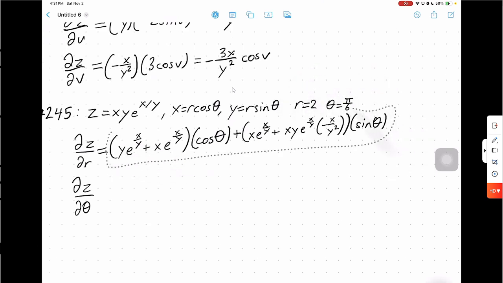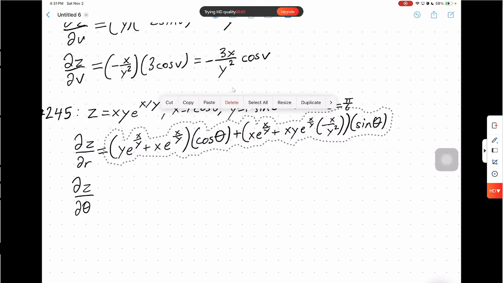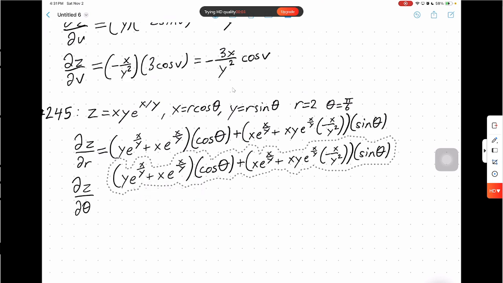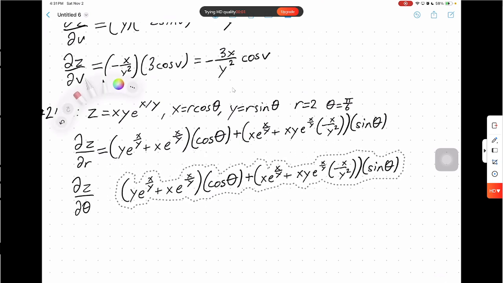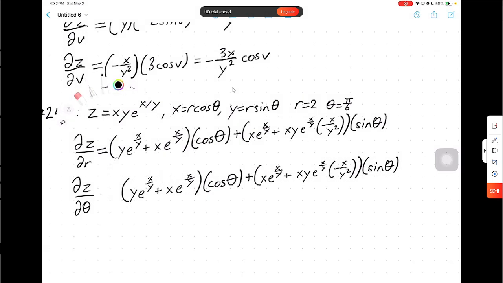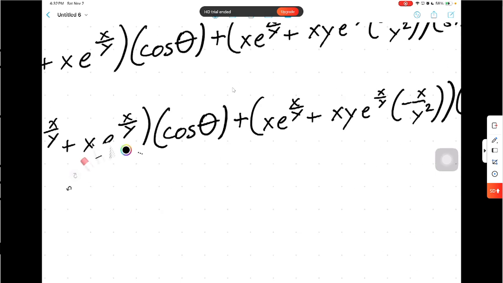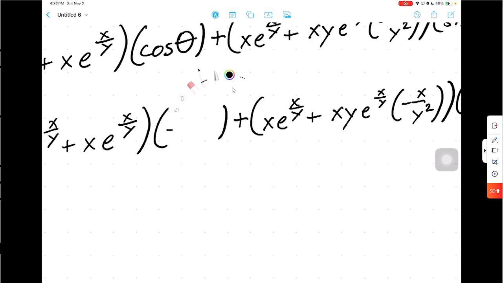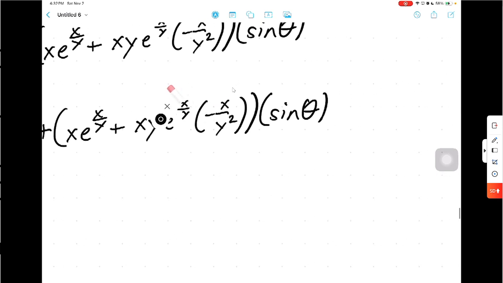All right, partial with respect to theta is going to be very similar, except instead of cosine theta, we're going to have negative r sine theta. And then instead of sine theta, we're going to have r cosine theta.